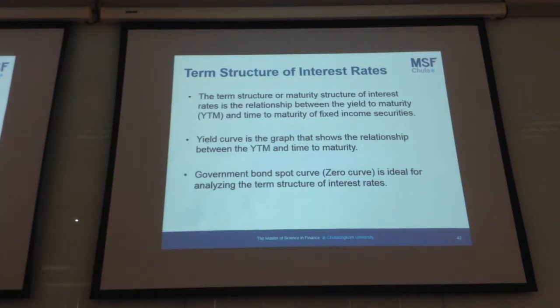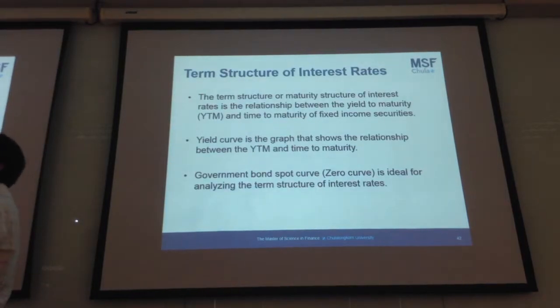In order to obtain the yield curve, we normally start from the most liquid fixed income security, the treasury one. And ideally, to obtain or construct the yield curve of treasury bonds, we may use the zero coupon government bond or zero coupon treasury bond.